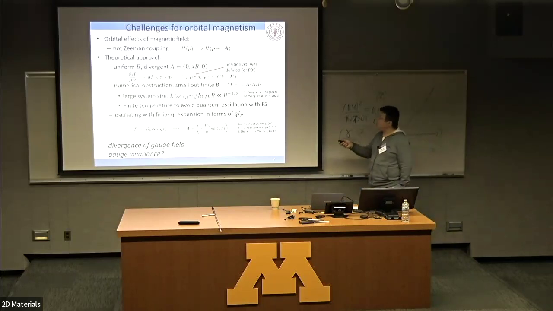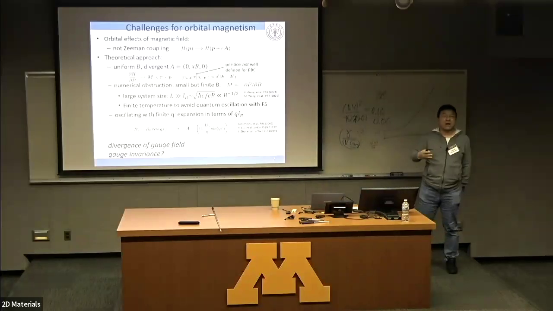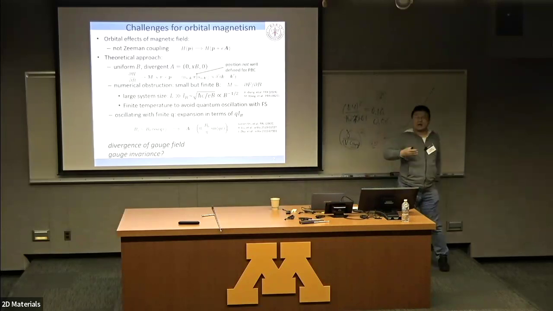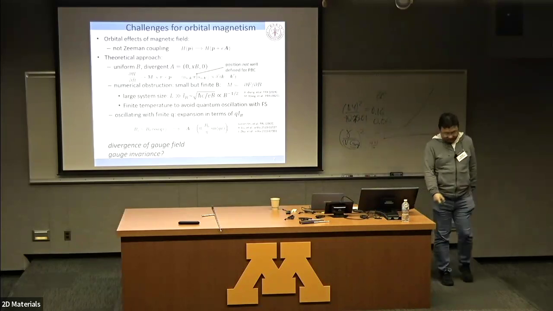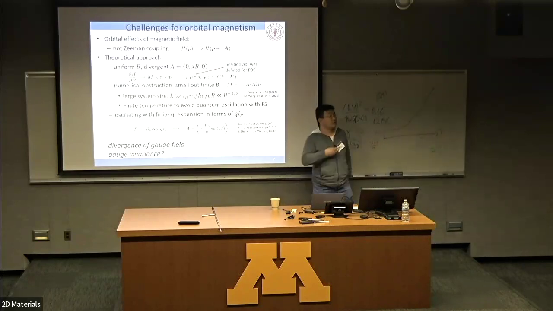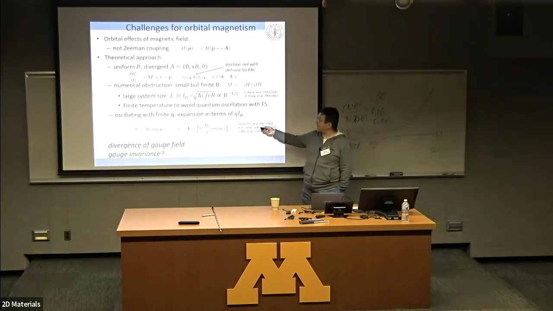One way to deal with M in a finite system is to add a small magnetic field to the system, look at the change of the free energy or grand potential, and from this numerically extract the value of M. However, this numerical calculation turns out to be very hard. Why? Imagine you add a magnetic field; then the system has a new length scale, the magnetic length.